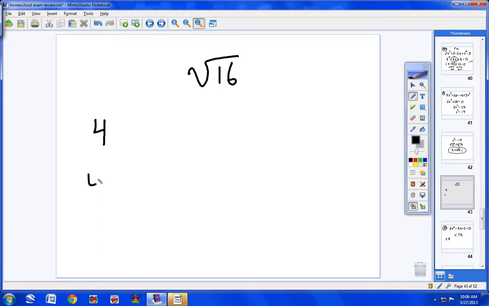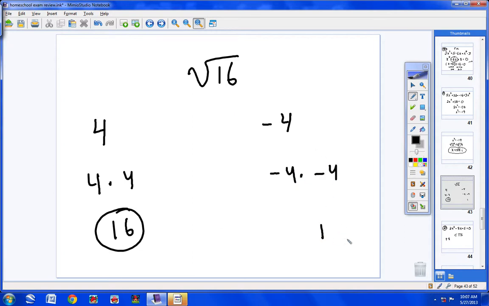And why is it 4? Because 4 times 4 is 16. But hold on. You might not have thought of this, but another answer to the square root of 16 would be negative 4. Really? Yeah. What's negative 4 times negative 4? Positive 16. So that's why we put plus minus. But that only works with even roots, 2, 4, 6. Okay. All right, moving on.